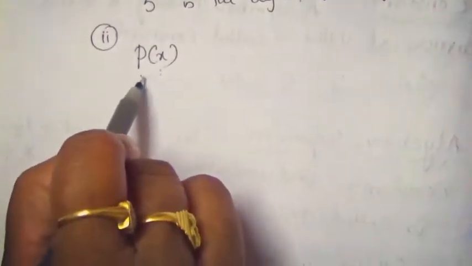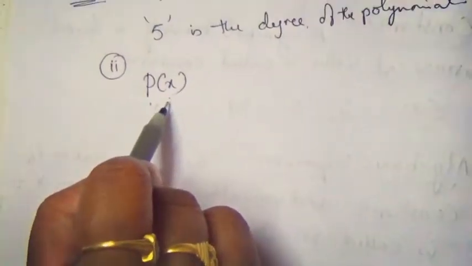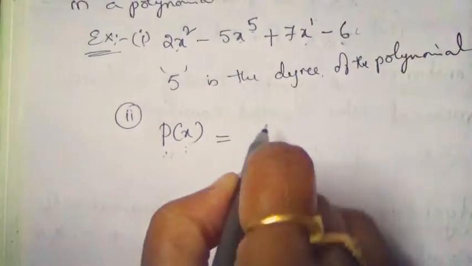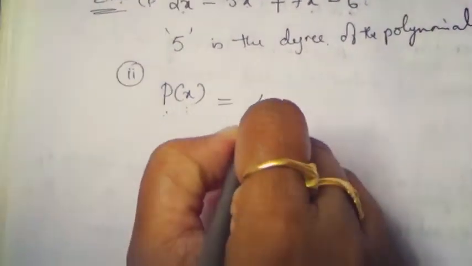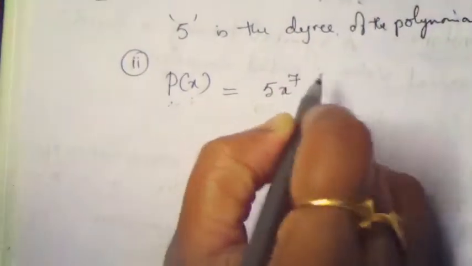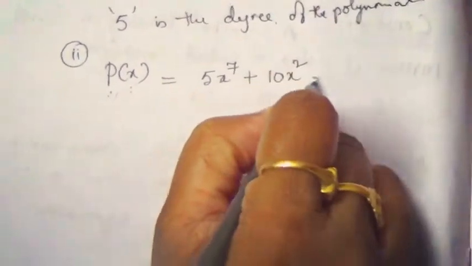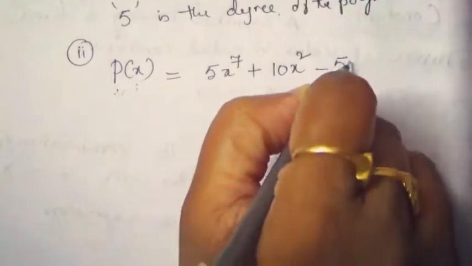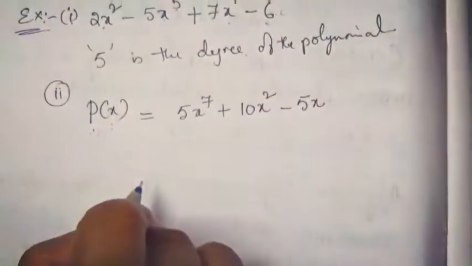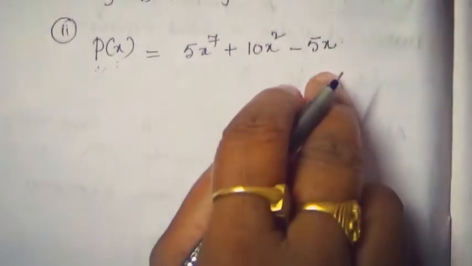So p of x means polynomial in the variable x. That is, p of x is equal to 5x to the power of 7 plus 10x square minus 5x. It is one algebraic expression.